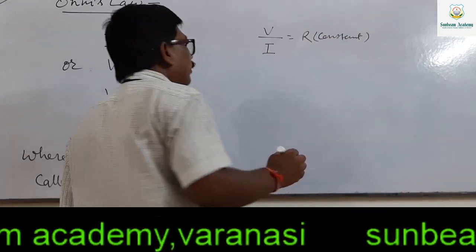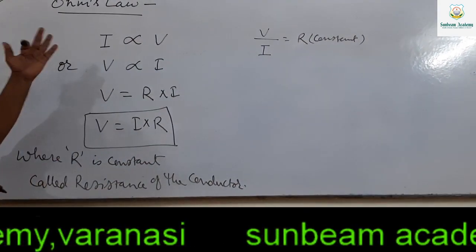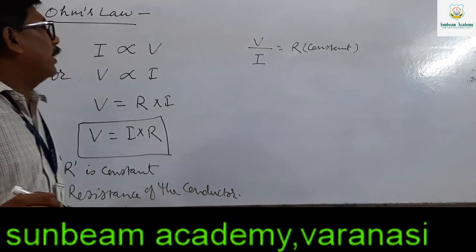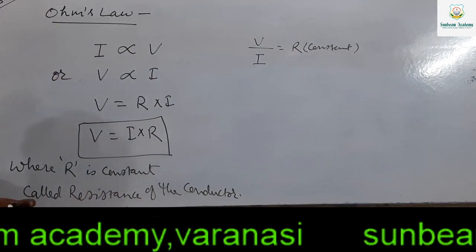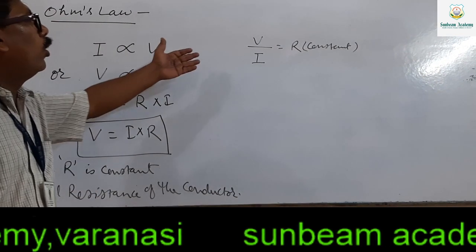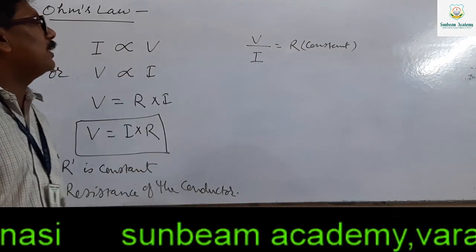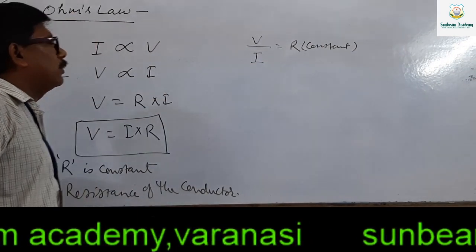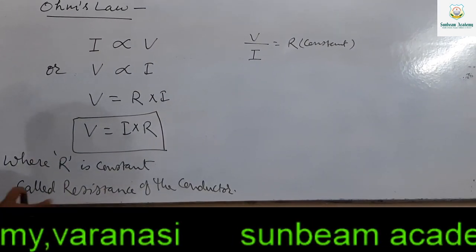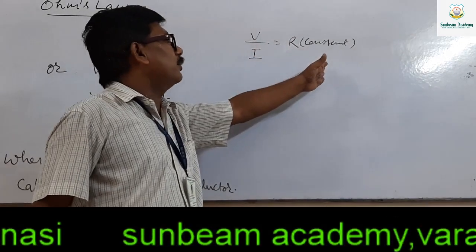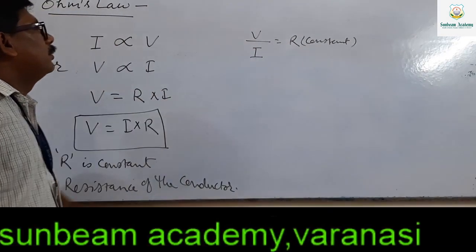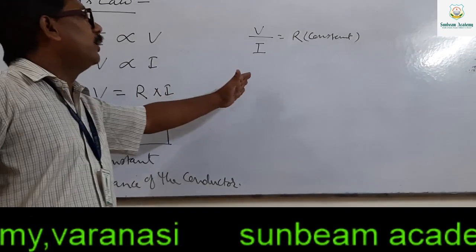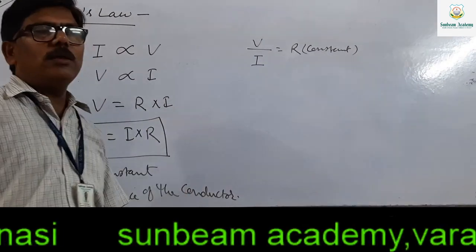Another way you can state Ohm's law is that the ratio of potential difference to the current flowing through the conductor remains constant, provided the temperature and the other physical conditions remain the same for the conductor.